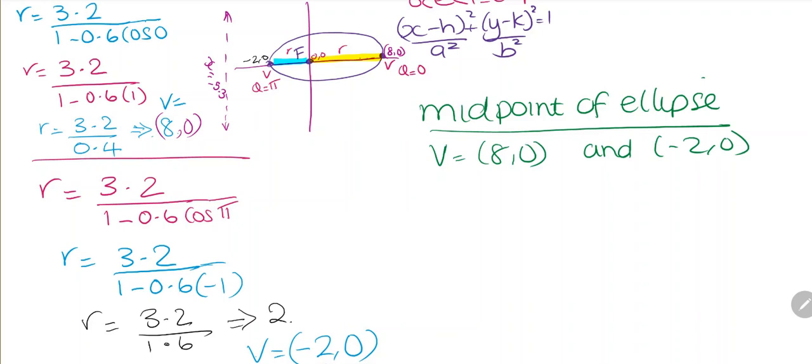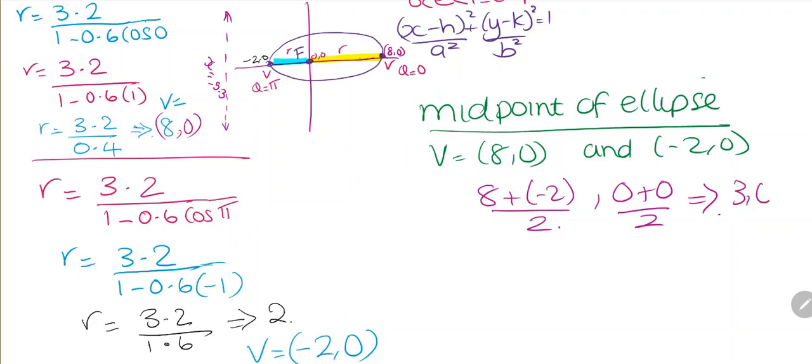If we add these together, 8 plus minus 2 divided by 2, and 0 plus 0 divided by 2, so 6 divided by 2. We're going to have a midpoint at 3, 0, and this is going to give us our h and k values. So h is 3, k is 0.